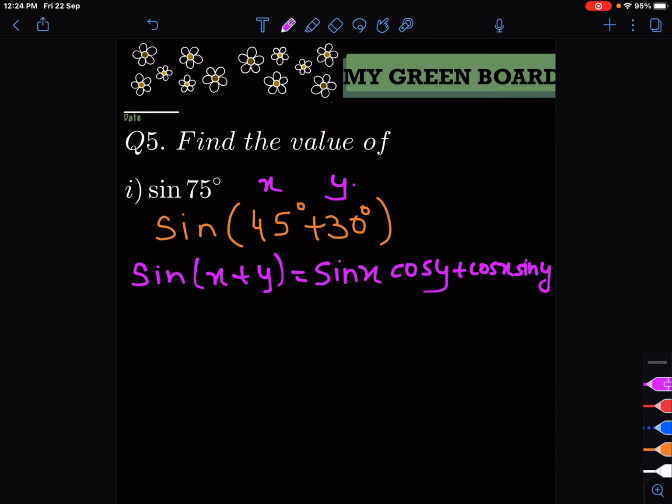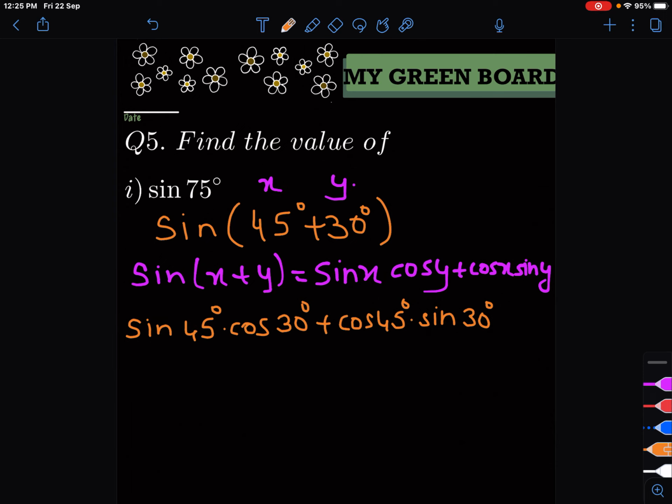So now just write this formula. Here x value is 45 and y is 30, just substitute these values. So sine 45 degree, cos of 30 degree, plus cos of 45 degree into sine of 30 degree. Here it's multiplication.